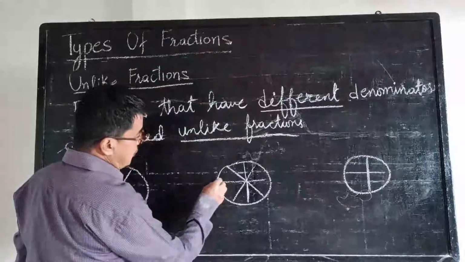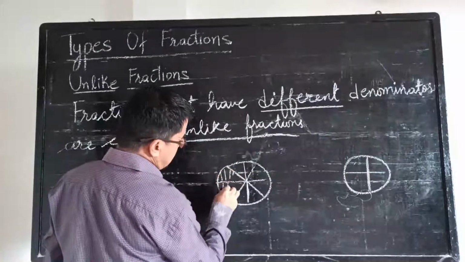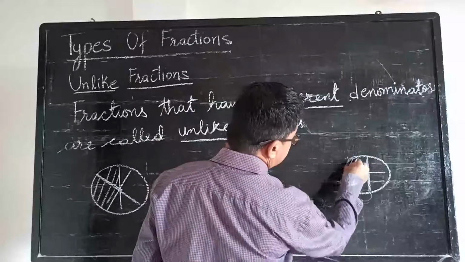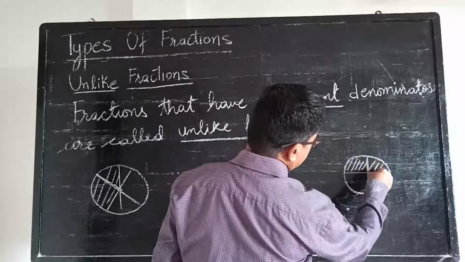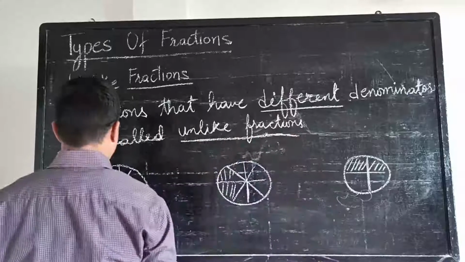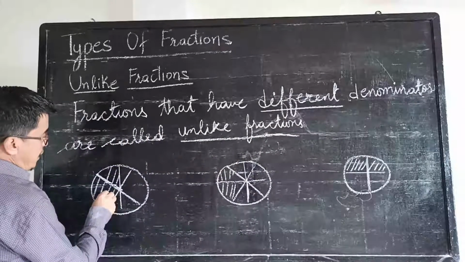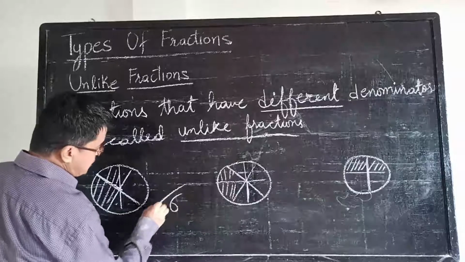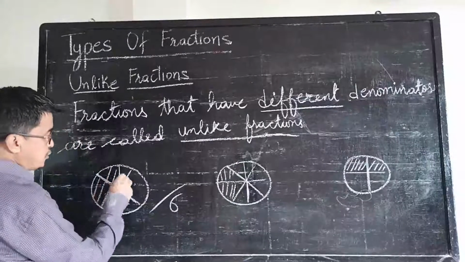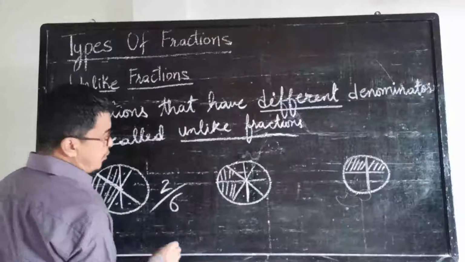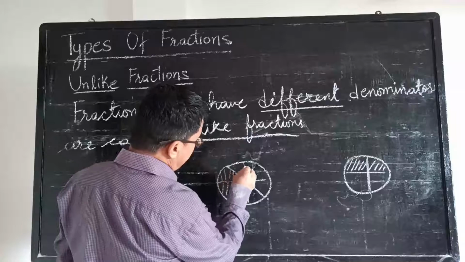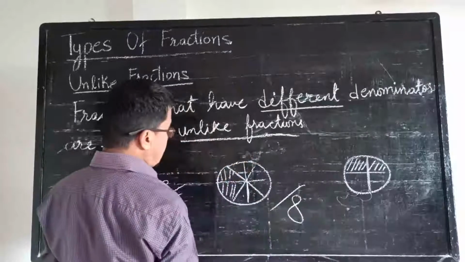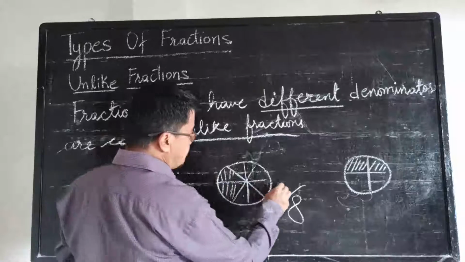Here, how many parts are there? 6. Out of these 6 parts, how many have I shaded? 2. Here, how many parts? 8. Out of these 8 parts, how many have I shaded? 2.